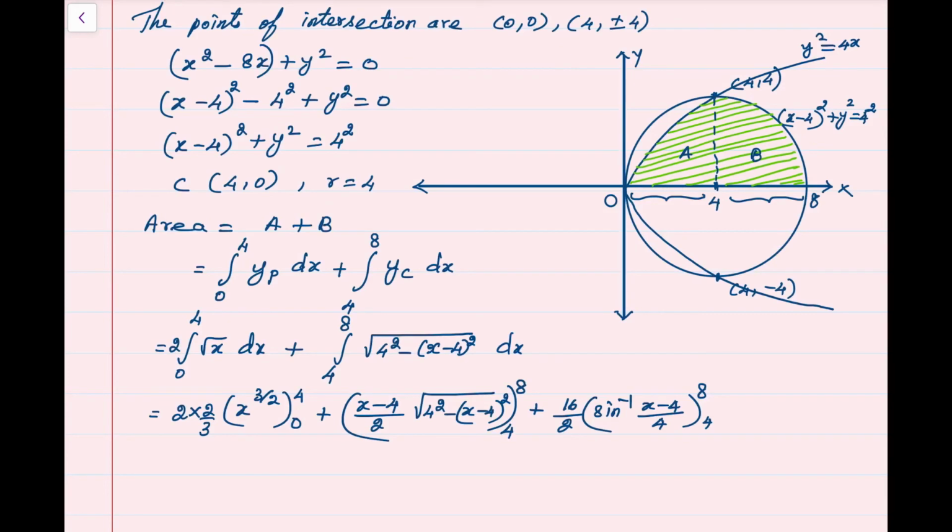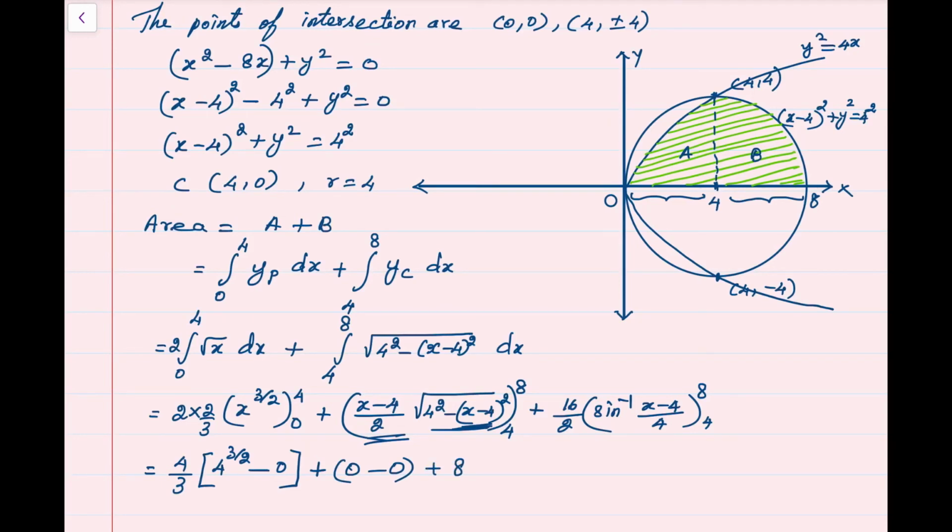4 divided by 3. Upper limit is 4 raised to 3 by 2 minus lower limit is 0, plus upper limit will be 0 because 8 minus 4 is 4, 4 square minus 4 square is 0. Lower limit is 0 because this term becomes 0.